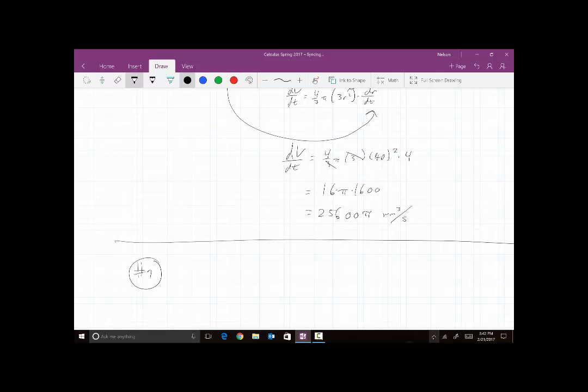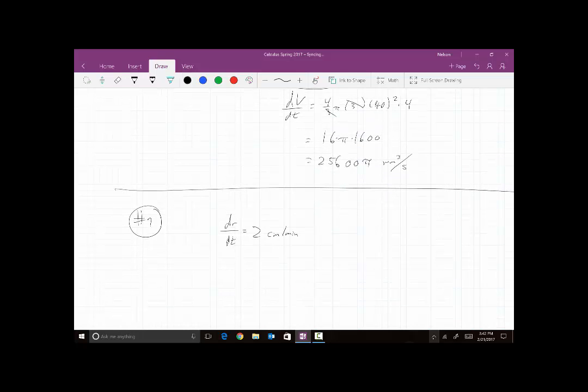Okay, it says that the radius of a spherical ball is increasing. So radius is increasing at a rate of 2 centimeters per minute. If they give you a rate, then that's a derivative. The radius is increasing, so that means it's a positive number. So dr/dt is equal to 2 centimeters per minute.